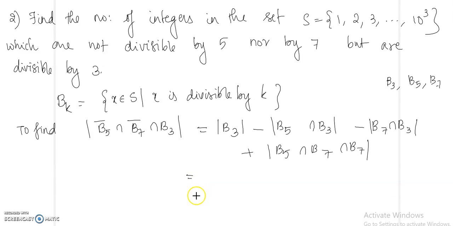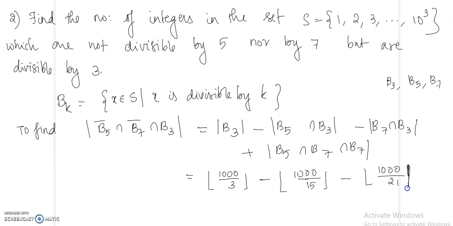Now the cardinality of B3 will be, that is the integer function, floor of 1000 by 3, minus B5 intersection B3 will be floor of 1000 by 15, so minus 1000 by 21, plus 1000 by, so this is B3, so you will have 35 into 3.